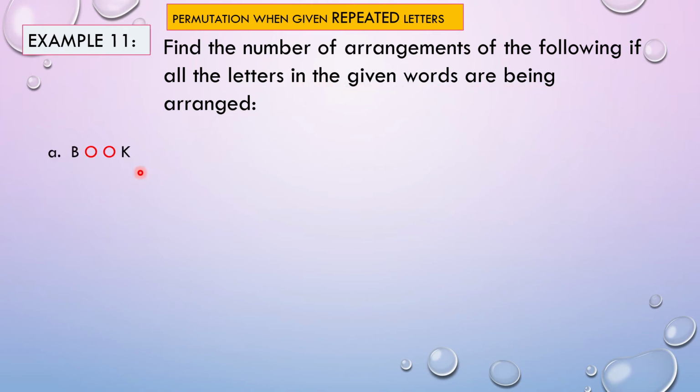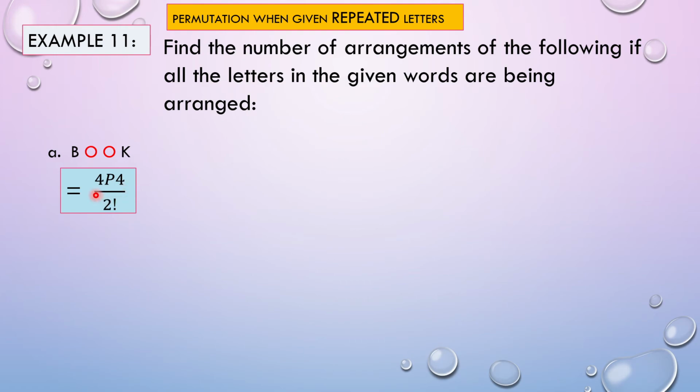Okay, let's look at the first one, book. If you see the word book, you have 2 letter O. When this is the case, how to find the permutation? Here we are going to arrange all the letters B, O, O, K. That means we have 4 letters, 4P4.